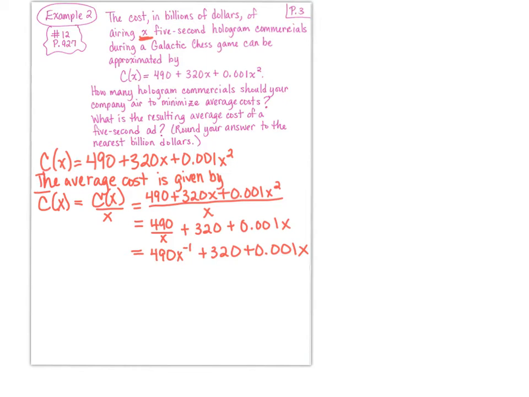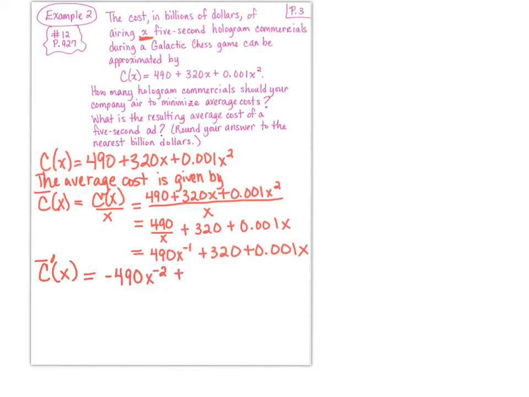Doing so, we get C bar prime of x. We differentiate: negative 1 times 490 is negative 490x to the negative 2, because that's negative 1 minus 1.